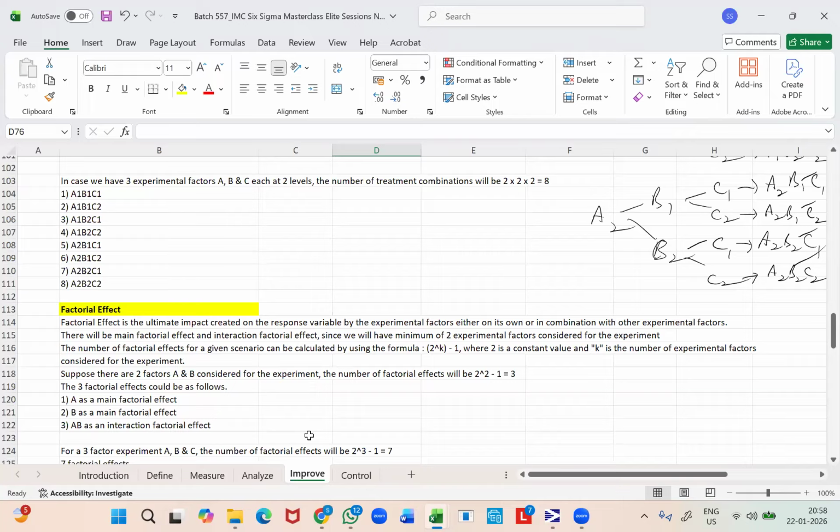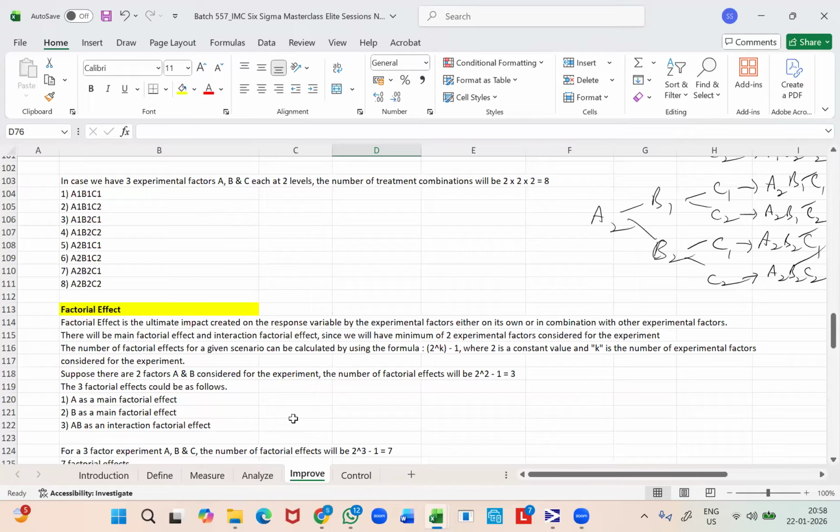And when we start the exercise for analyzing the data, we will frame three pairs of hypothesis statements, right? So if you have two factors, then there will be three pairs of hypothesis statements. The first pair will be H0: A as a main factorial effect is insignificant versus HA: A as a main factorial effect is significant, because we need to prove the significance of these factorial effects.